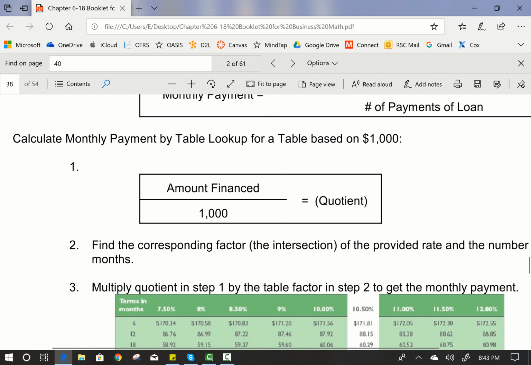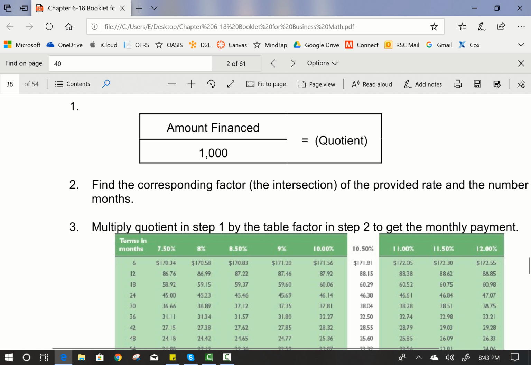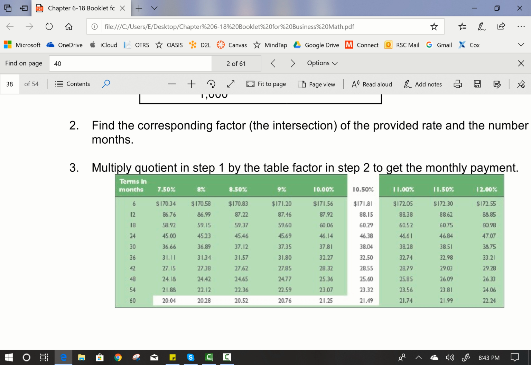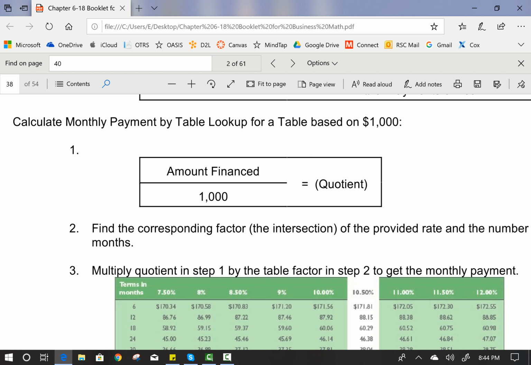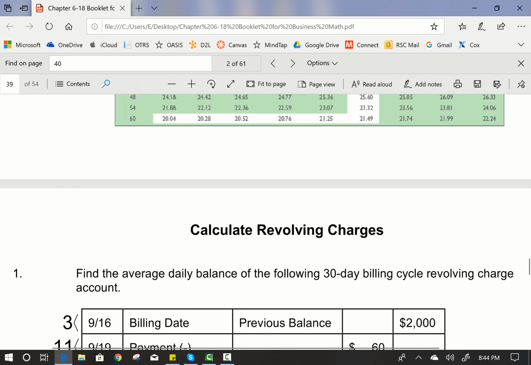Then you'll multiply the quotient in step 1 by the table factor in step 2 to get your monthly payments. So that'd be 21.49 times the quotient that you received earlier.